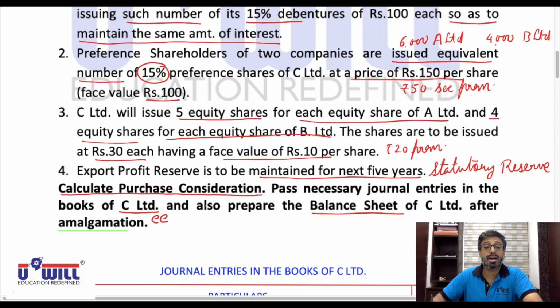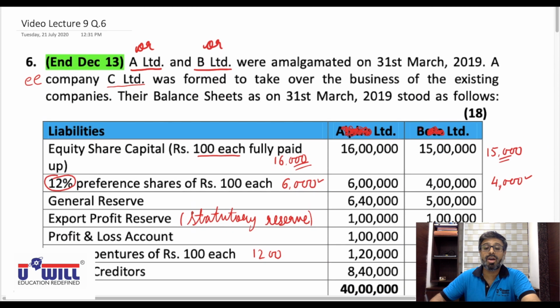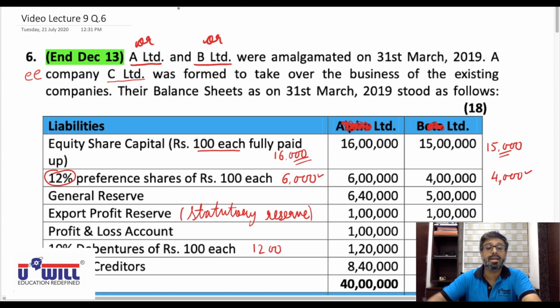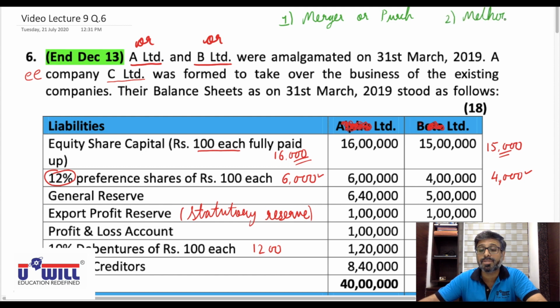So in this question, accounting entries are asked in the books of which company? Transferee company. Now if you all remember, I told you in earlier questions also that 3 things you have to identify in every question. Very first, is it amalgamation in the nature of merger or purchase? Second, you have to identify the method of purchase consideration.